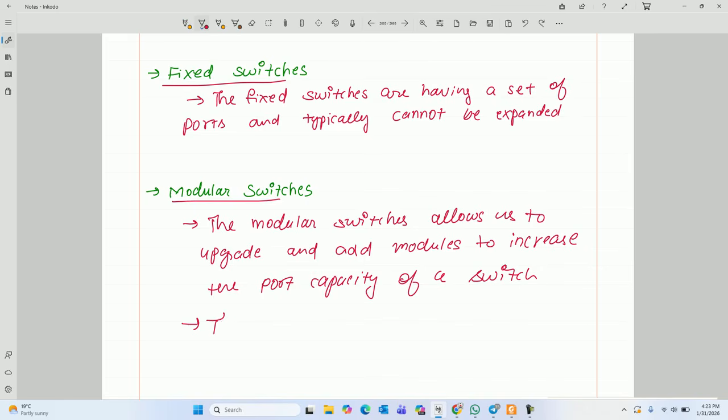These switches are also known as chassis switches. So we call them chassis switches as well.